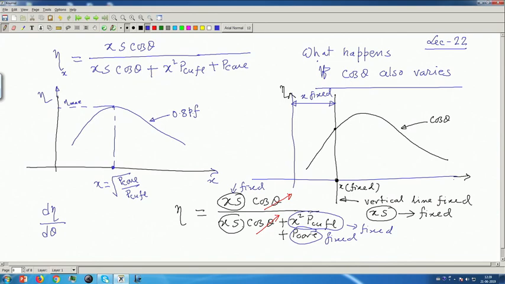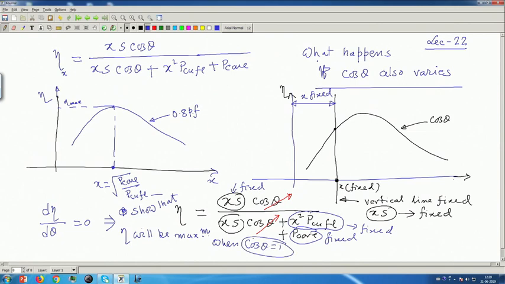It will not be very tough if you set this to 0 and show that eta will be maximum when cos theta is equal to 1.